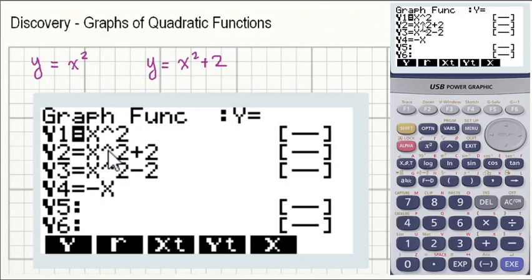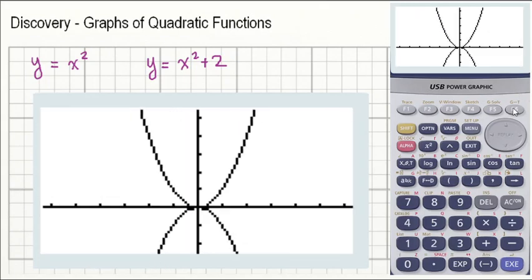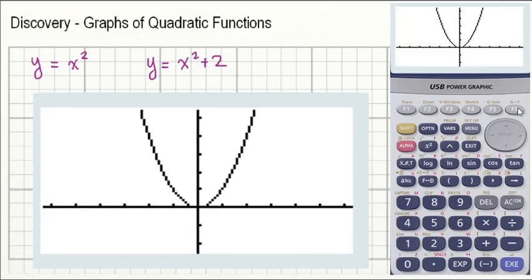If we plot negative x squared, we can see that it would be concave downwards, and we can see that both of them were plotted at the same time simply because both are selected. If we go back and unselect the fourth one and draw again, we can see that it's our graph again.